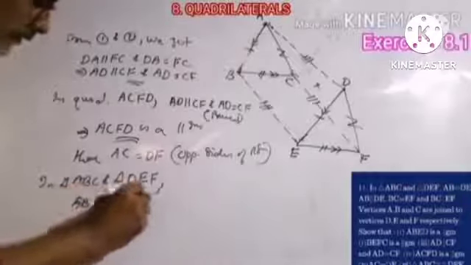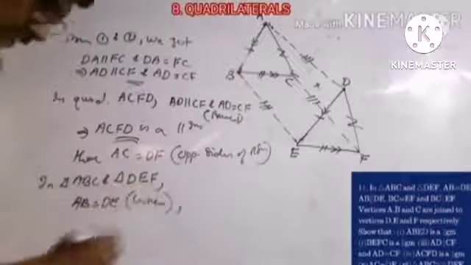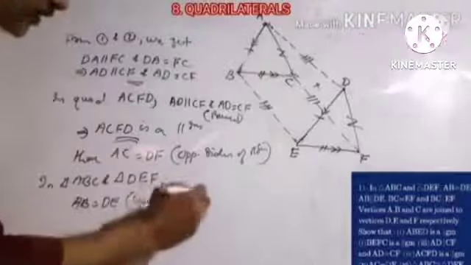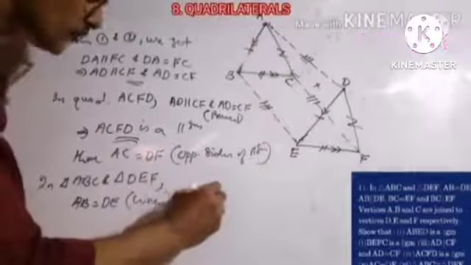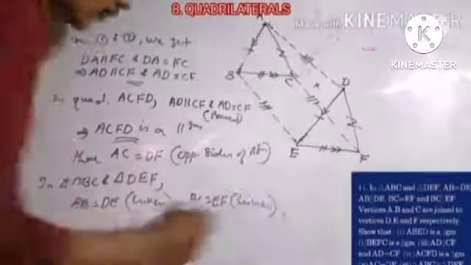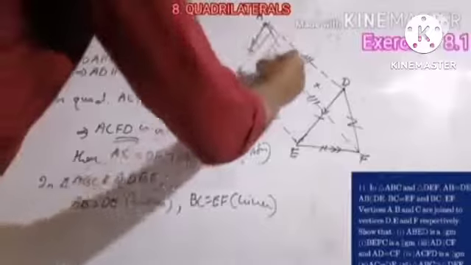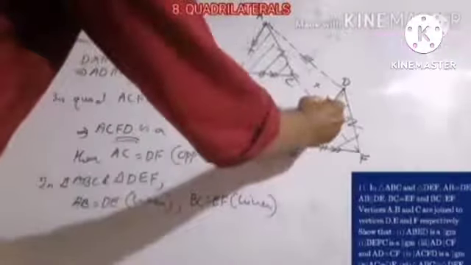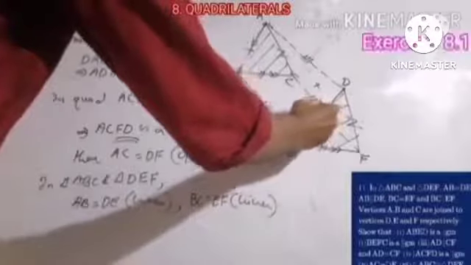Second, BC equal to EF, that is also given. Now one more is needed. AB equal to DE, given. BC equal to EF, given.